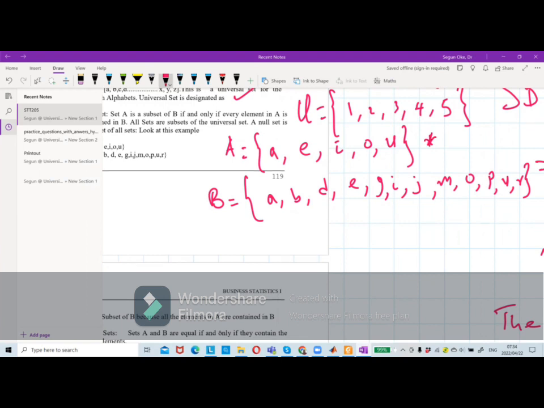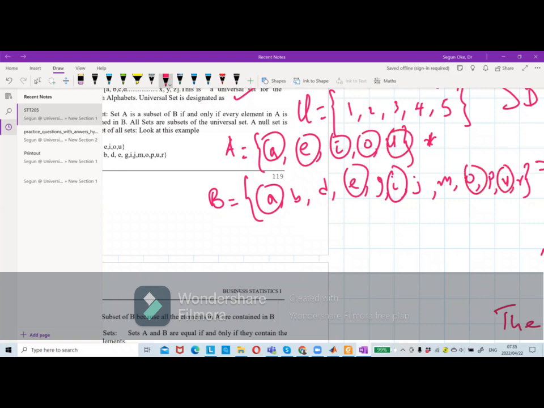Everything in A, I can also get it in B. B itself contains everything in A. For example, we have A here, A is here; E is here, E is here; I is here; we can get O here, O is also here; U is here, and U is also here.